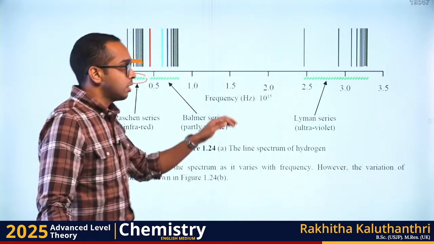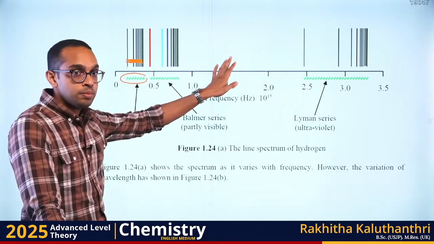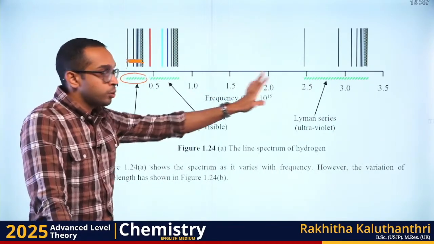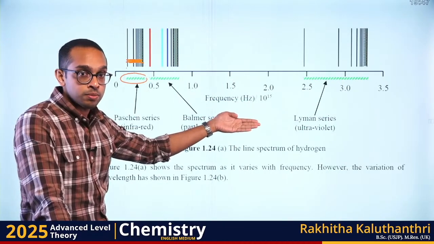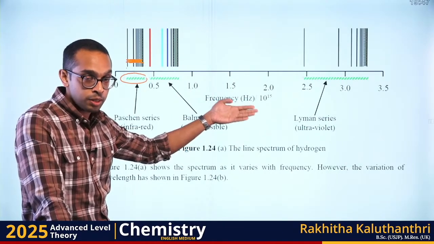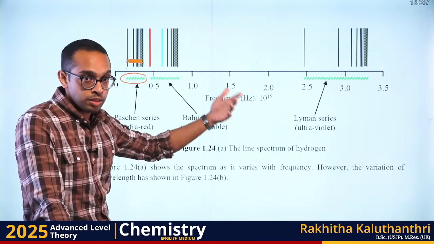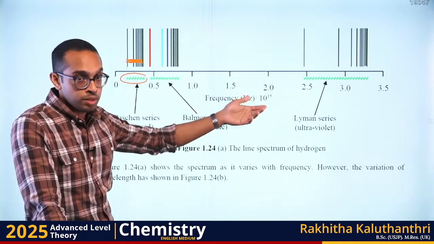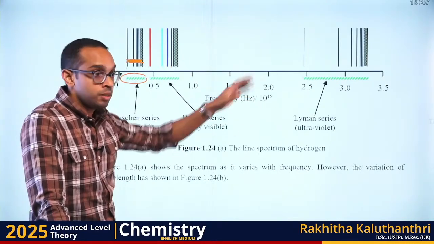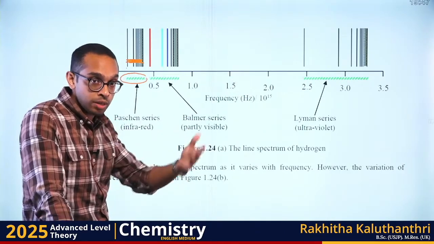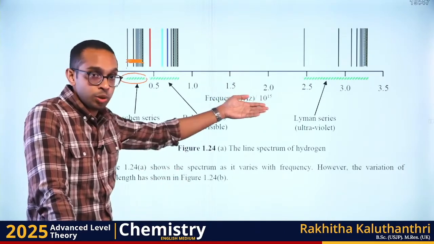So this is hydrogen's emission spectrum drawn as a frequency distribution, meaning we have taken the frequencies of each of the radiations that we see when we provide energy to hydrogen and observe their emissions. If you draw a frequency distribution of hydrogen's emission spectrum, this is what you're going to get.